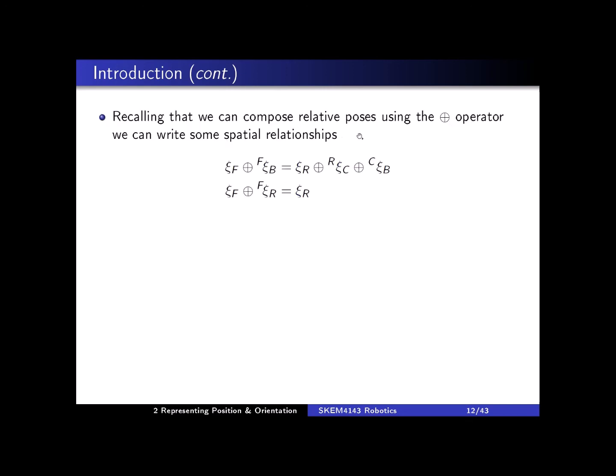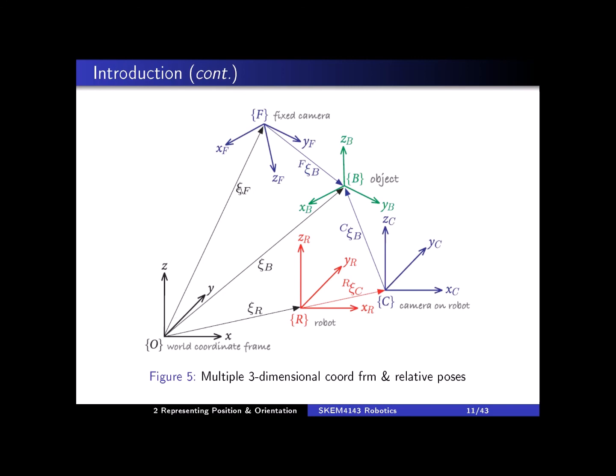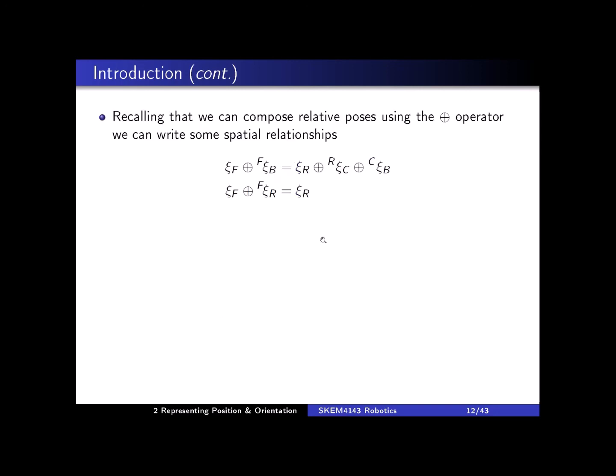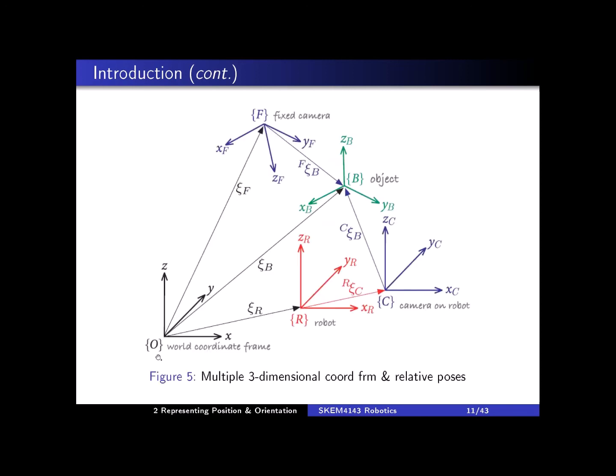Recalling that we can compose relative poses using this operator, we can write some spatial relationships. psi F composed with psi BF is really the pose of B with respect to O, and that is equivalent to psi R composed with psi CR composed with psi BC.